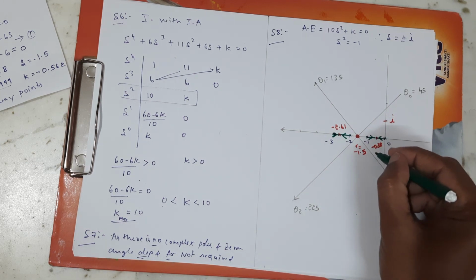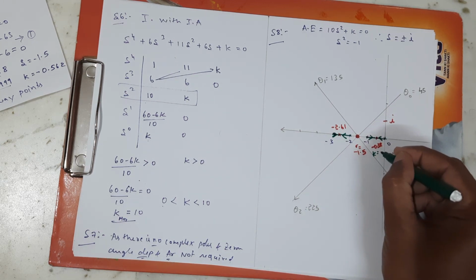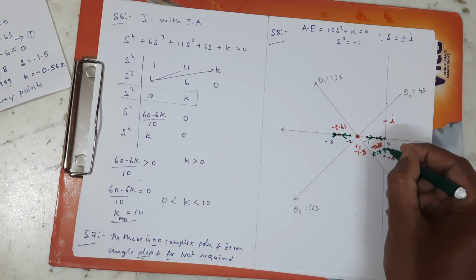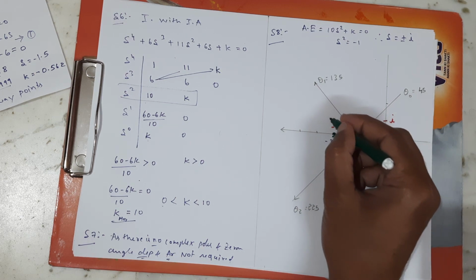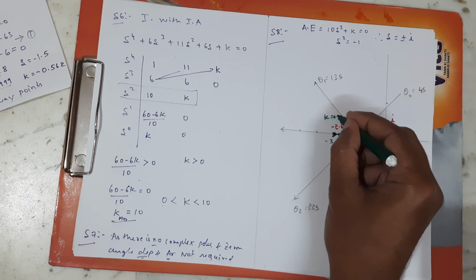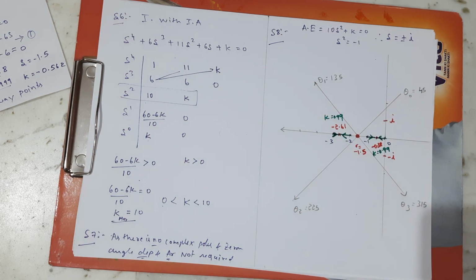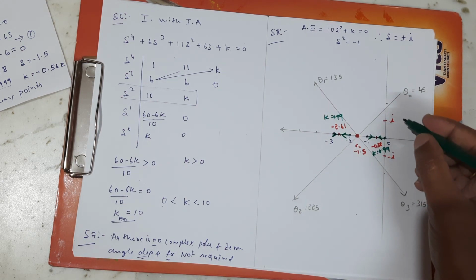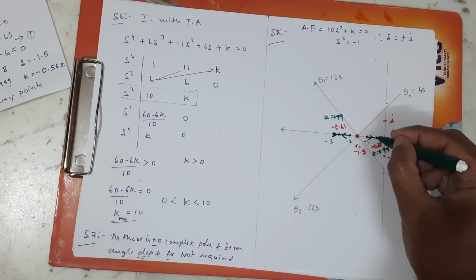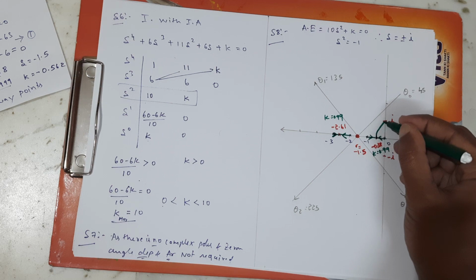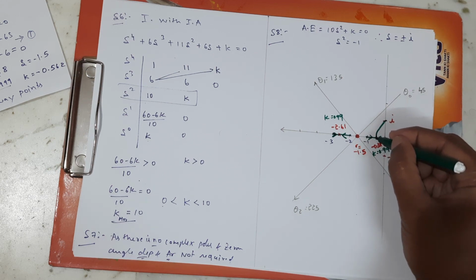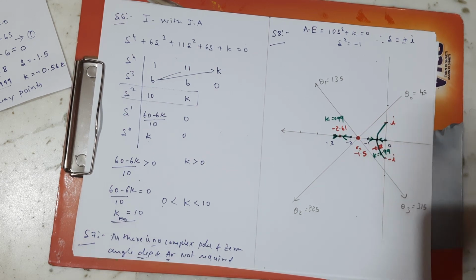At this point, what is the value of k? Is equal to 0.99. Here also the k value is equal to 0.99. Okay. After the breakaway point, here the root locus will break and it move towards plus j and another will move towards minus j.